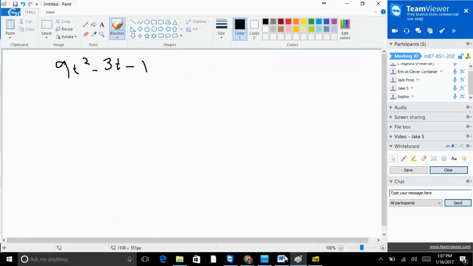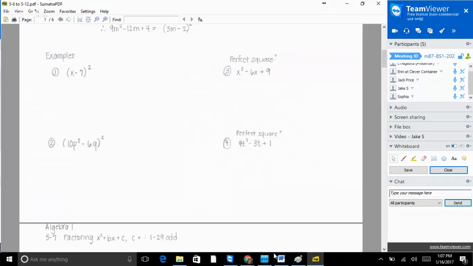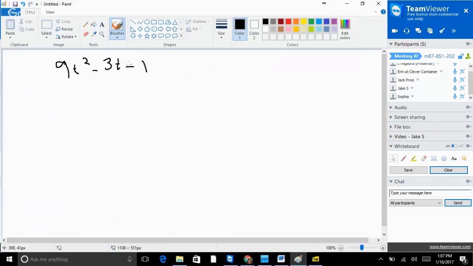All right, so we want to know if this is a perfect square. Let me make sure I wrote it right. Yep, I got it, plus 1.